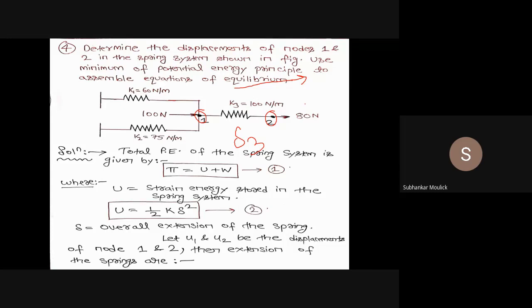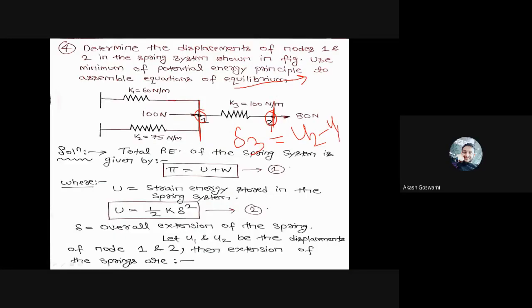So if I assume that this f2 is greater than f1, then the overall displacement delta 3 will be what? It will be u2 minus u1. u2 is the deflection of this end and u1 is the deflection of this end. Then I can write delta 3 equal to u2 minus u1. Yes or no?